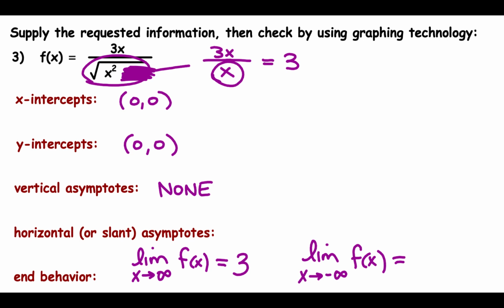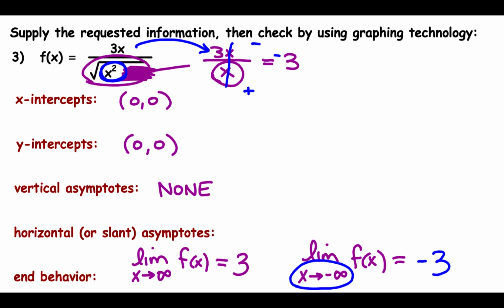But this time the x's don't cancel, and the reason why is this. x is very negative, which means that this 3x up top is very negative. This x was very negative until it became x squared and it changed positive. So yeah, the x's cancel as far as the numbers that they are, but you had a negative divided by a positive, that's going to be negative 3. And so the other limit is negative 3.